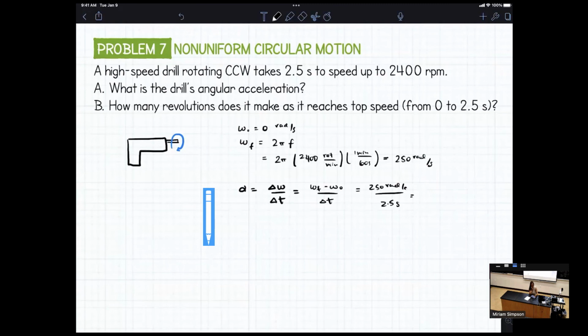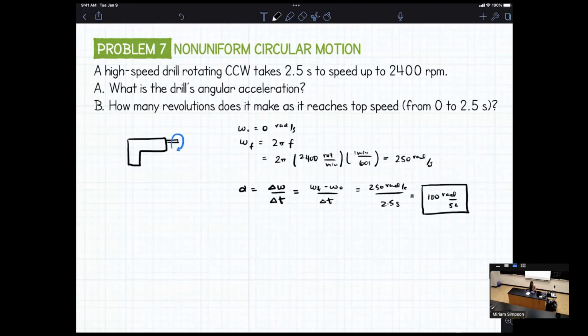Anyone want to do that in their head? Yes, 100, thank you. 100 radians per second squared. So this is our angular acceleration, okay? We'll make it orange for acceleration. It's 100 radians per second squared, and that's part A.